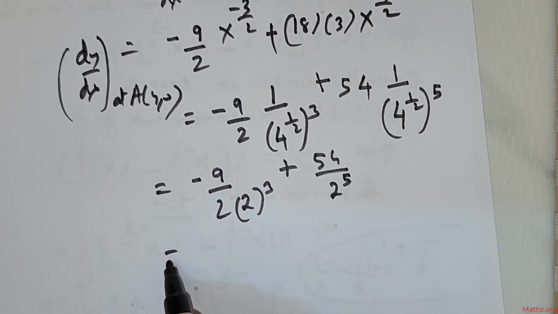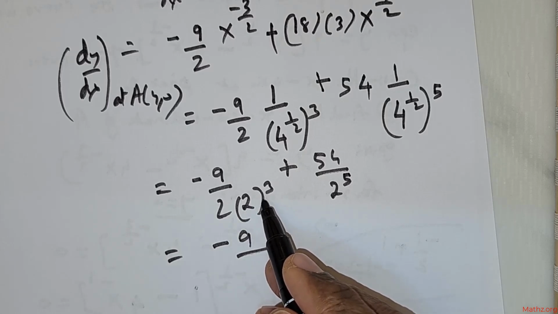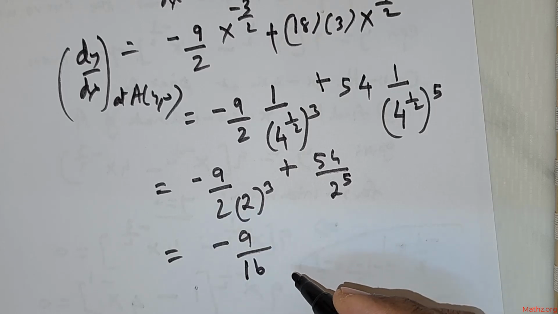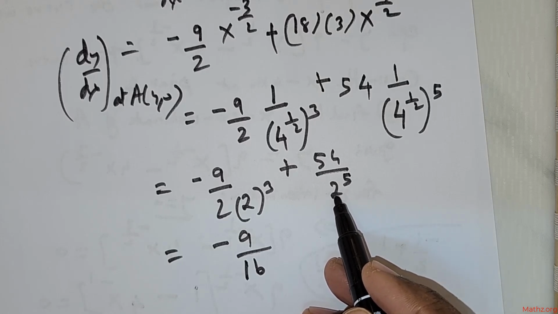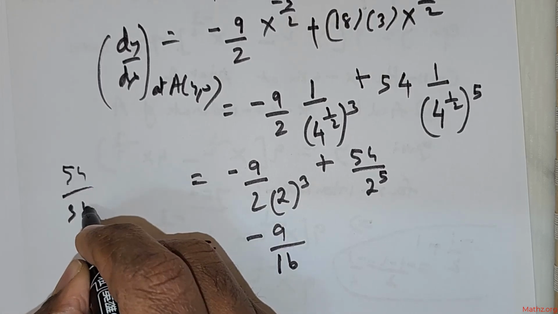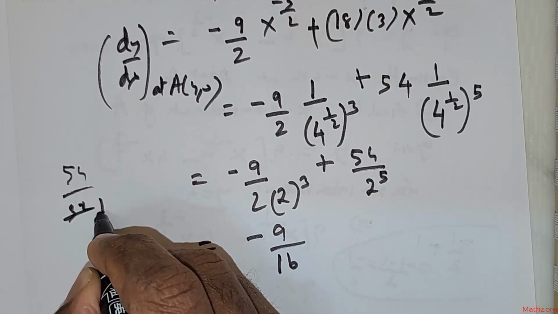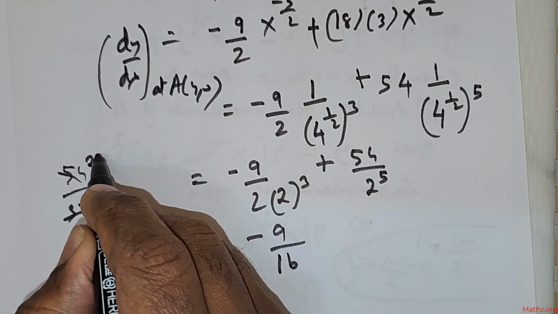Now this is going to be negative 9 over 2 raised to the power of 3 is 8. 8 times 2 is 16. And this is 32. So I have a 54 and a 32. Now 2 divides here 1 and 16 times. 2 divides here 2 and 7.